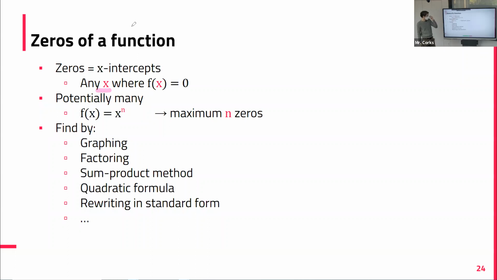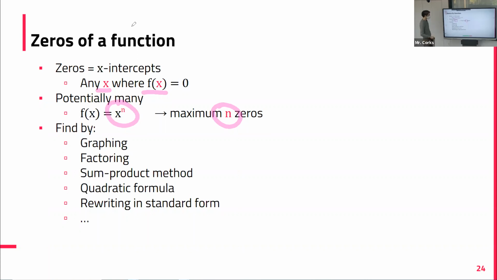Zeros are any x value that makes the whole function f of that x value, the y value, equal 0. If we have a polynomial with an x to the exponent n, whatever n is, then we have a maximum of n zeros. It could be fewer than that. It might never cross the x-axis, but maximum that many.